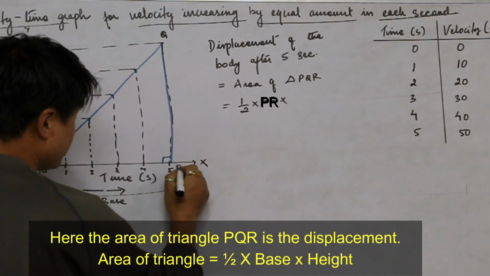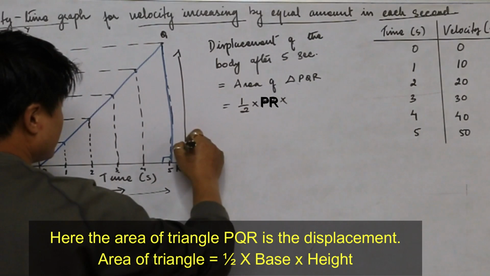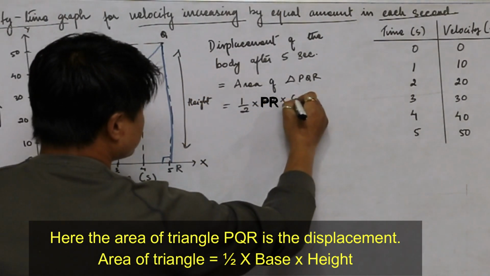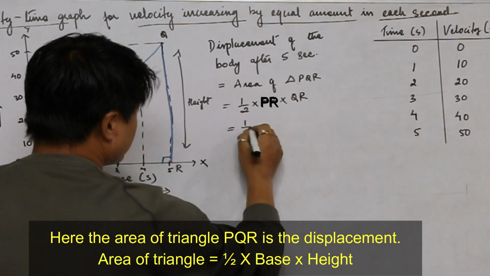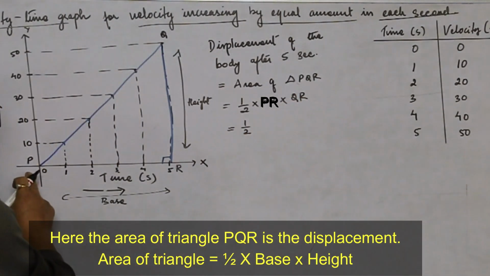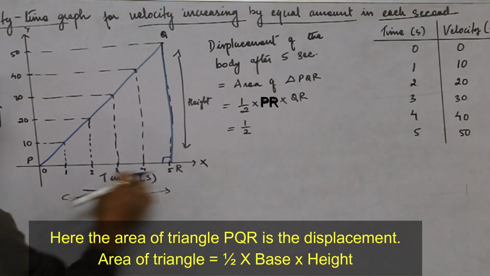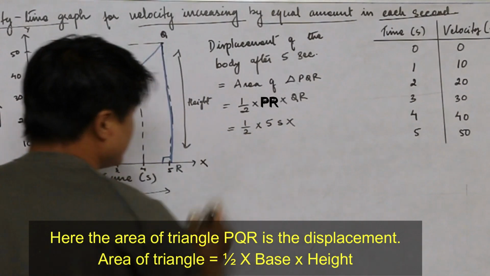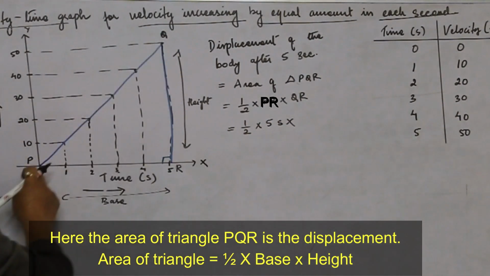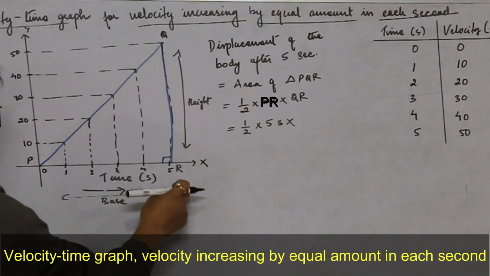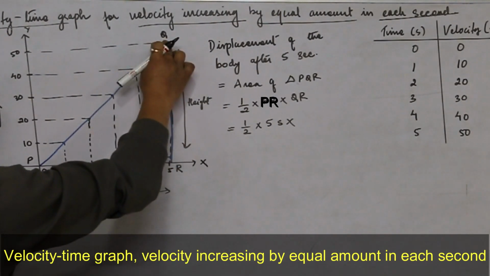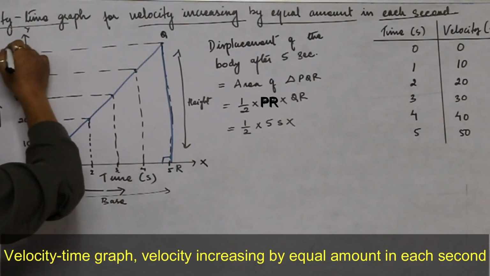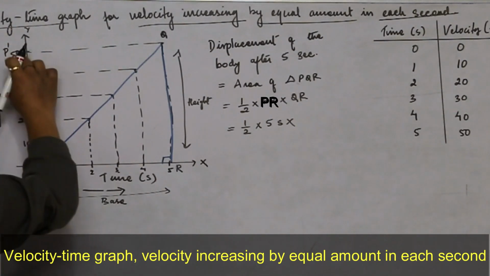This is R. This is our height, here QR. If you see here, 1 by 2, PQ is how much? This is 5 seconds on the x-axis. This is here 5 seconds into QR. QR is how much? From here to here, how much distance is here? QR is equal to PP dash. Okay, P dash is how much?